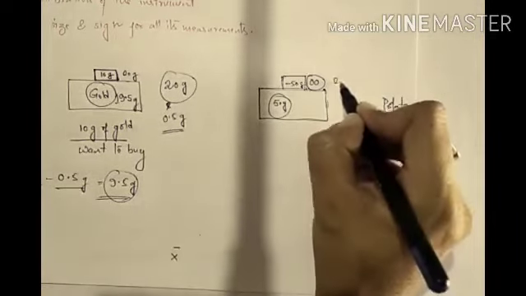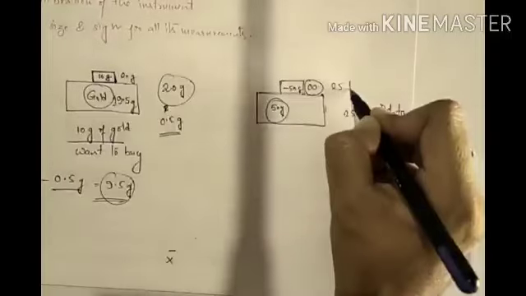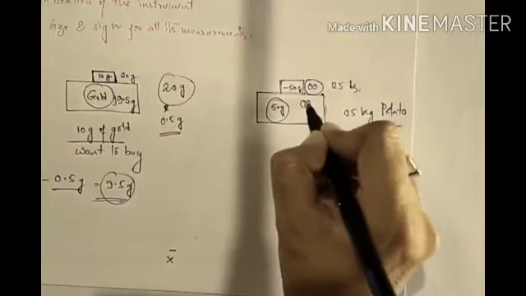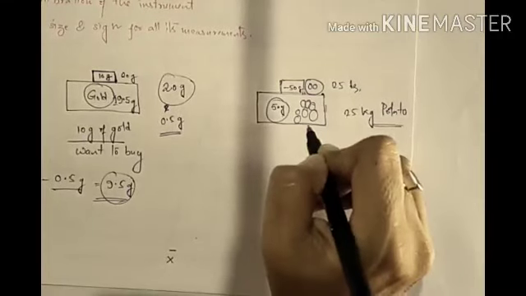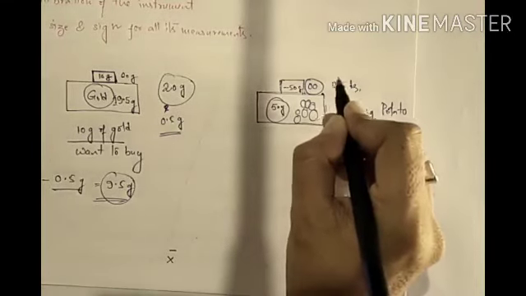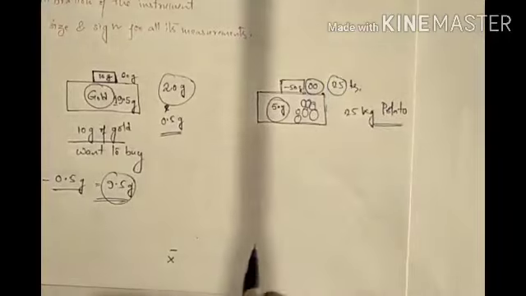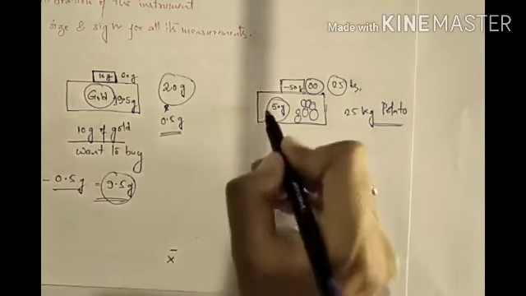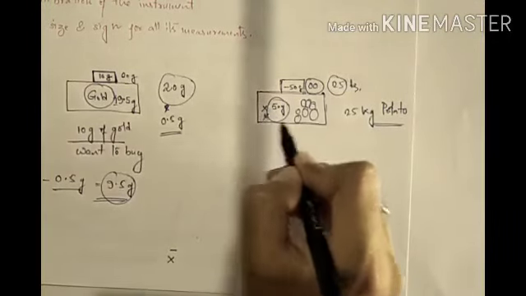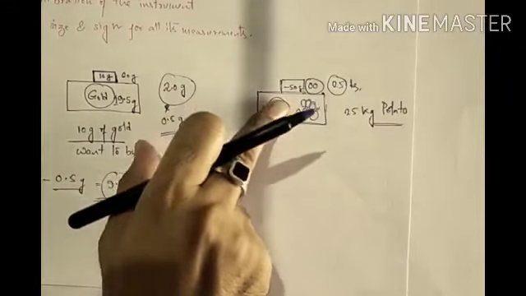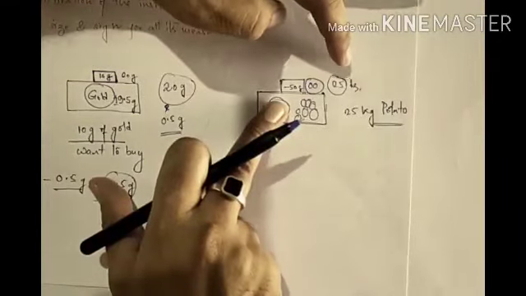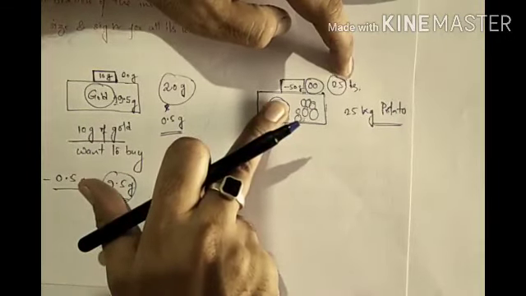Thereafter, suppose potatoes have been put here, and the reading finally comes out to be 25 kilogram, and think that there is no 50 gram weight here, only potatoes you have put on the balance, and the result comes out to be 25 kg.